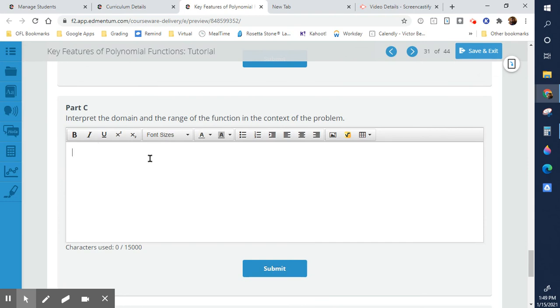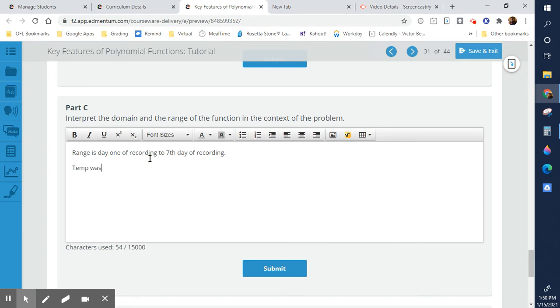Interpret the domain and range. Range is when we started keeping track of it. Range is day 1 of recording to 7th day of recording.